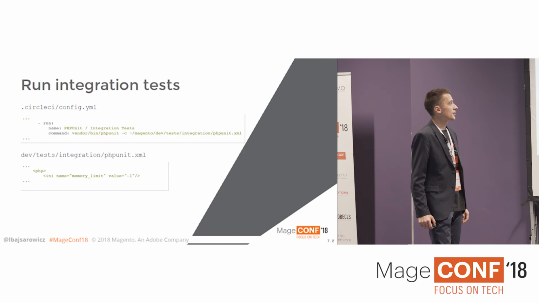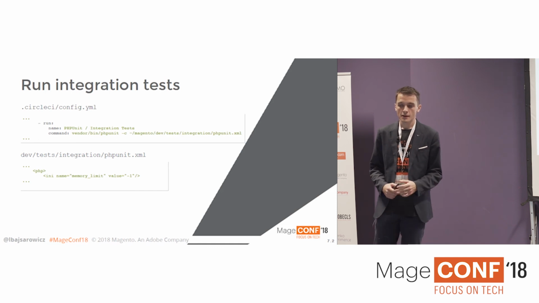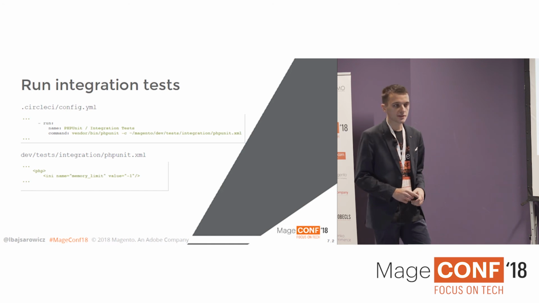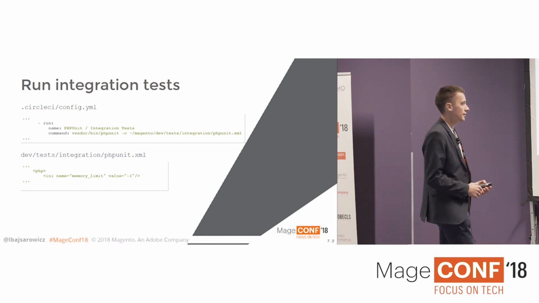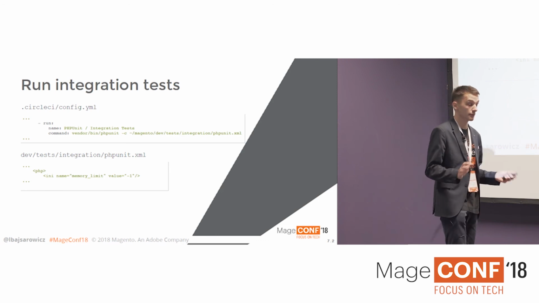And integration tests are pretty much the same to set up as unit tests, by just running PHPUnit. The only thing that I noticed in my pipelines is the problem with memory limit, because integration tests run out of memory really often.